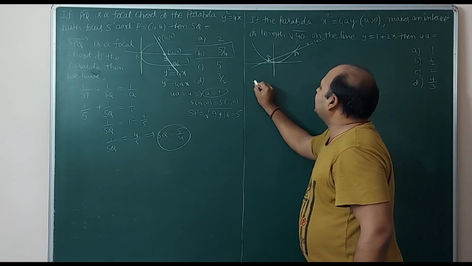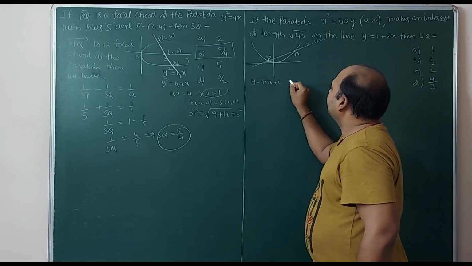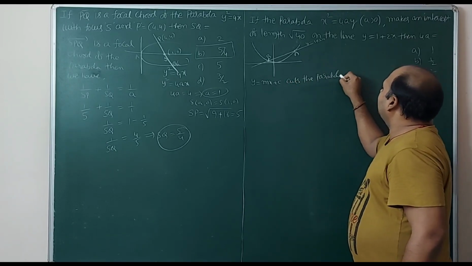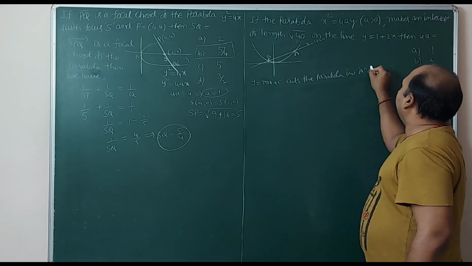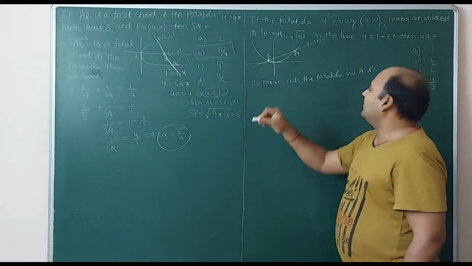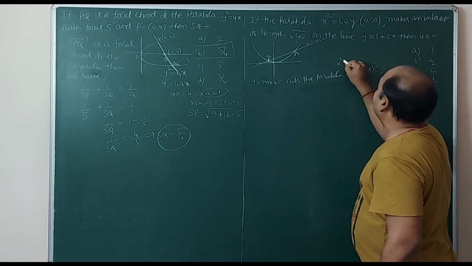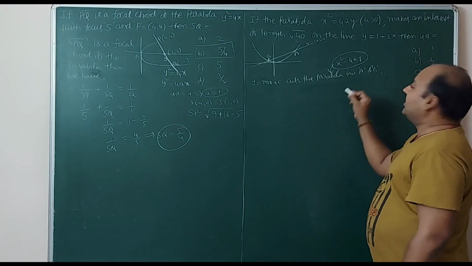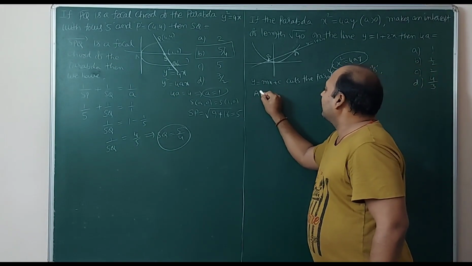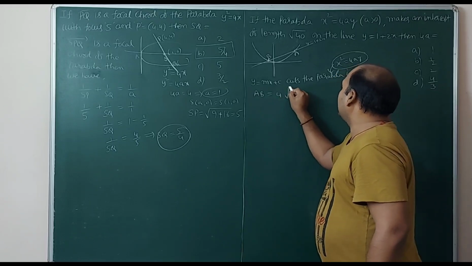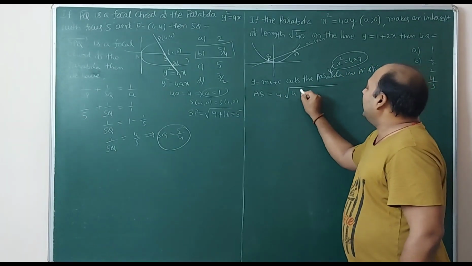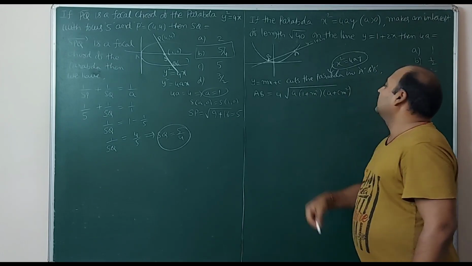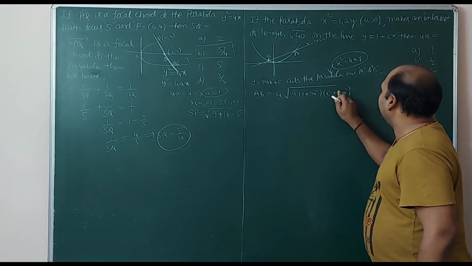So for AB length we have a standard formula. The line y is equal to mx plus c cuts the parabola x square is equal to 4ay in A and B. Then particularly, dear students, you remember, AB is equal to 4 times root of a into (1 plus m square) into (c plus a m square).